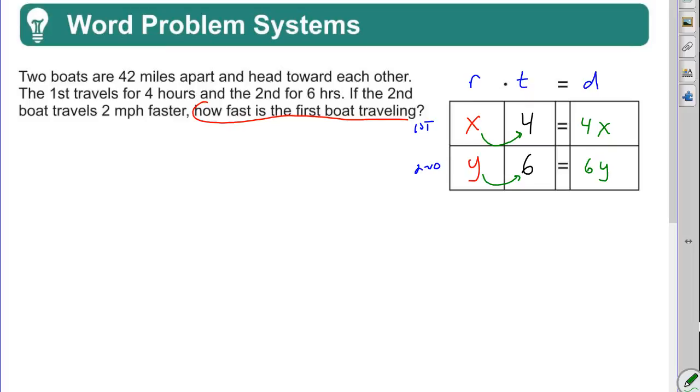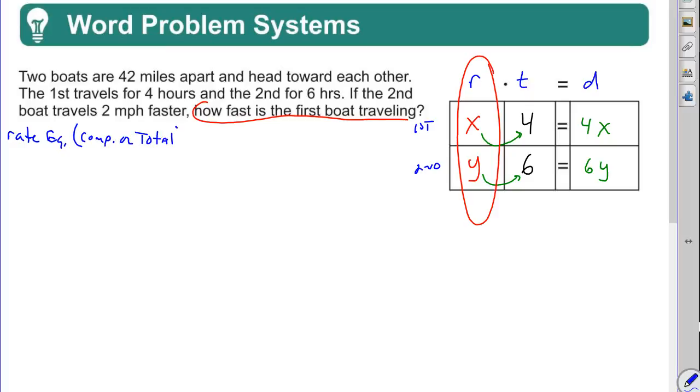I have my chart filled in, and now I need 2 equations. Where do my equations come from? The columns with the variables in them. So I'll do the rate column first, and I'm going to call this the rate equation. I teach my students the equation will either be a comparison or it'll be a total.